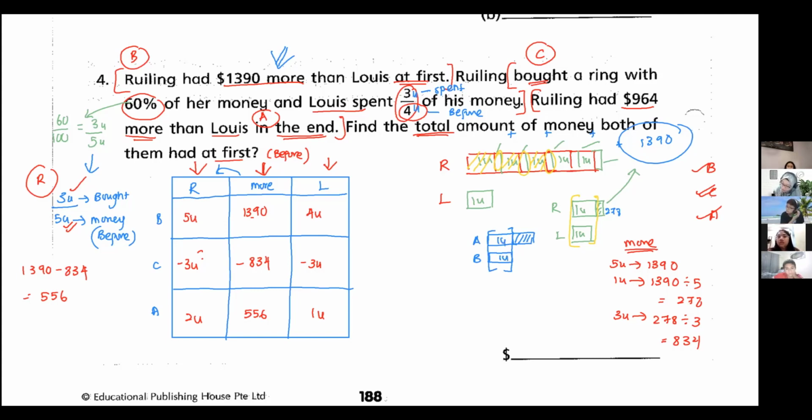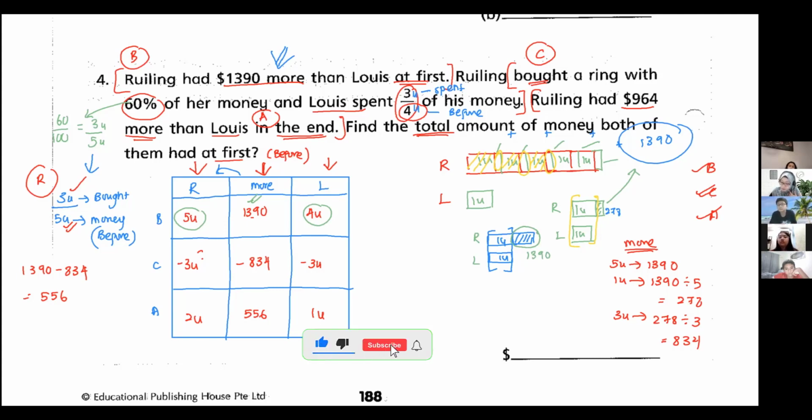Now you look at the initial between these two, here and here. Are they the same or not? You have the more there, but they're not the same. You have to make them the same first. Then only the comparison is correct. Which means this railing and Lewis have the same model. So this one, let's put there as railing and Lewis, like this. Only that there's an extra of 1390.